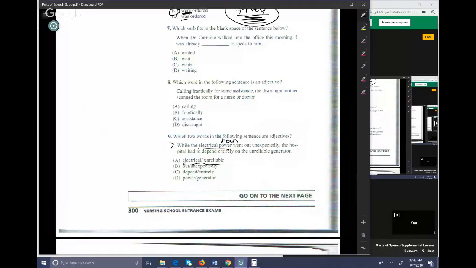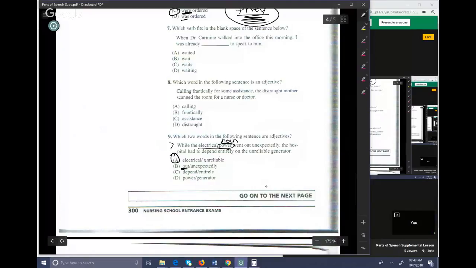So you could have said, while the power went out unexpectedly, power is a noun. And then electrical further describes power. You really don't have to say the word electrical, but that describes what type of power and gives you more information about the power. All of the others are not both adjectives.